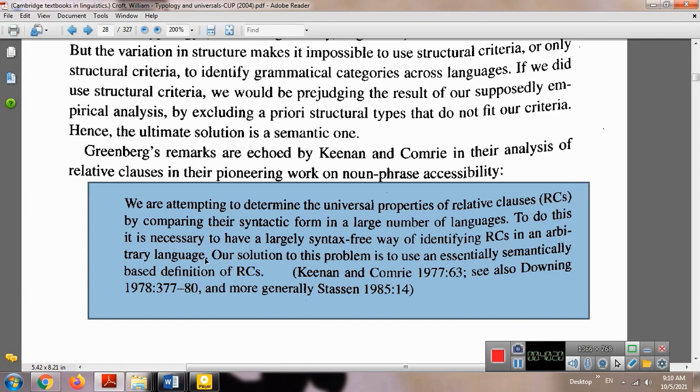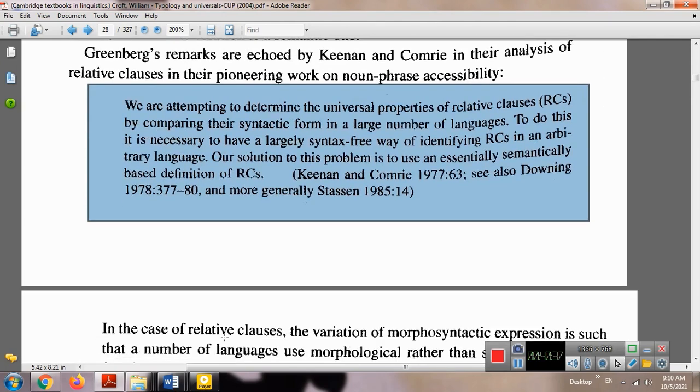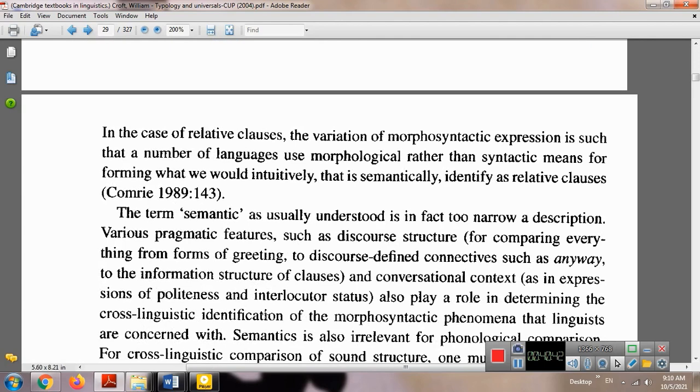To do this, it is necessary to have a largely syntax-free way of identifying relative clauses in arbitrary languages. Our solution to this problem is to use an essentially semantically based definition of relative clauses.